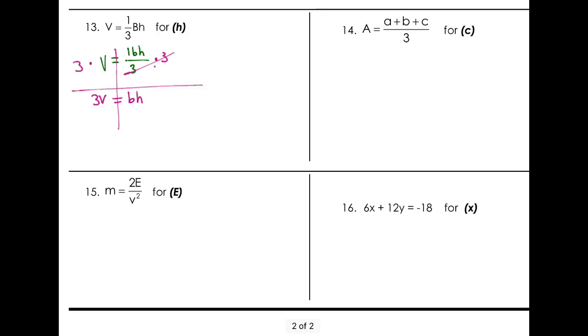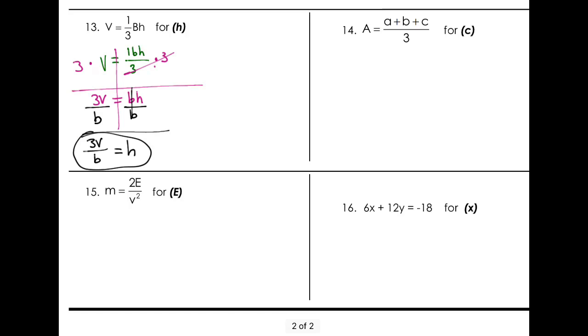B times H, that's multiplication. So we want to divide by B in order to get B off of there. Have to do the same thing on the other side. And that leaves us with our answer, folks. 3V over B equals H.